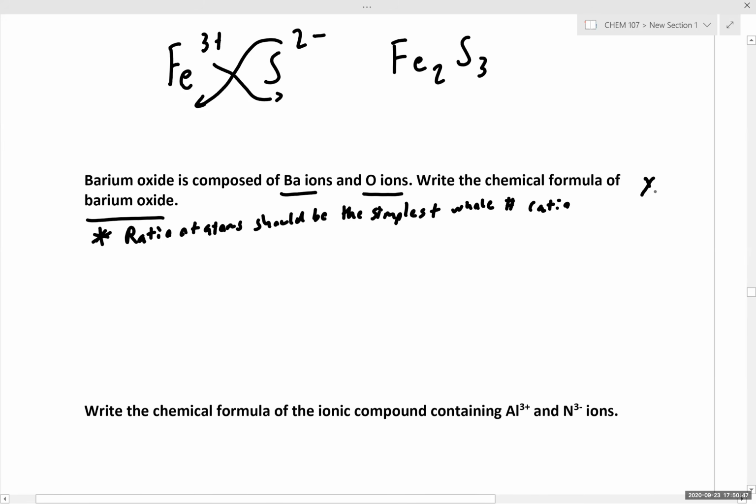So for example, a 3:3 ratio would just be simplified to a 1:1 ratio. You want the simplest possible ratio of atoms in your formula.